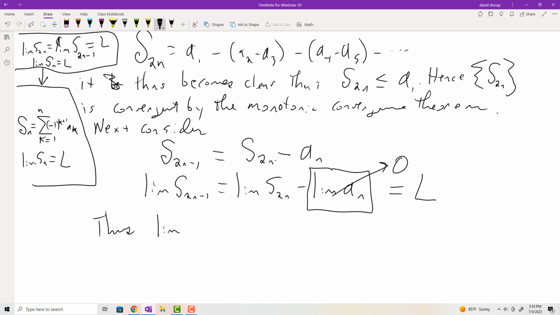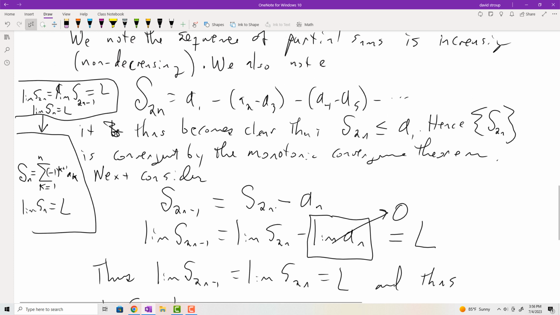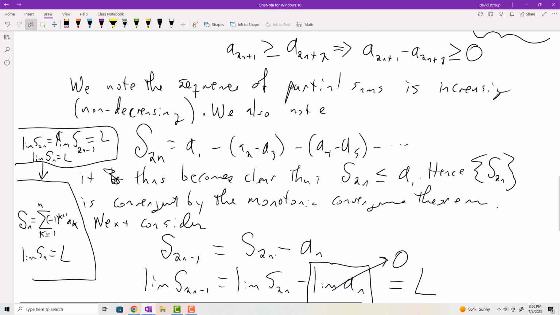Thus the limit of s sub 2n minus 1 equals the limit of s sub 2n, which equals L, and you could go back to the strict definition and prove this implies the limit of s sub n is equal to L, and that tells us basically that the series is equal to something. It adds up to something, and therefore it's convergent.